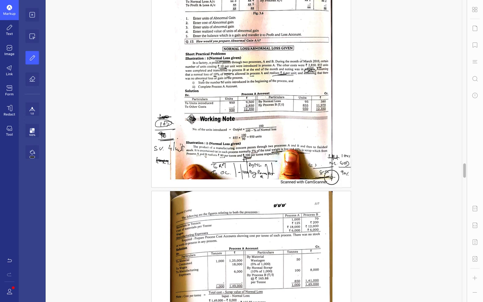That would mean that the transferred figure, the process B figure, which is 855 units we are given, is equal to 90% of the total input. So we can easily cross multiply. That would give us the equation 855 into 100 divided by 90.